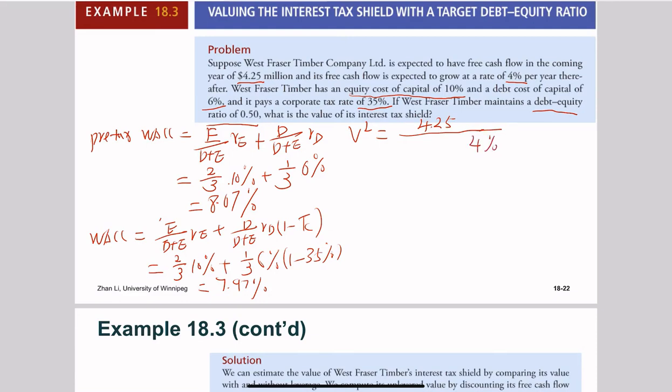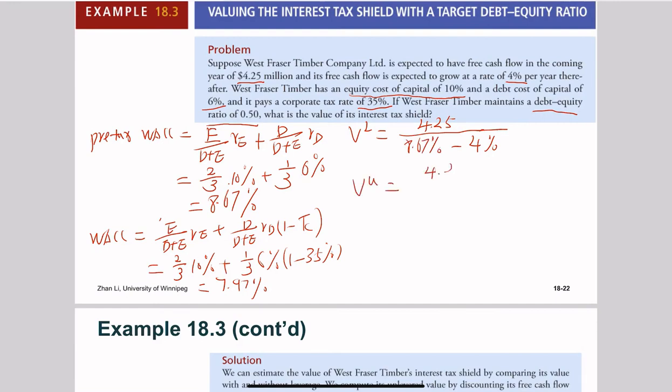So minus 4%. Here we are calculating levered value. So we would want to use WACC here, right? So what is WACC? Well, it's 7.97%, all right.